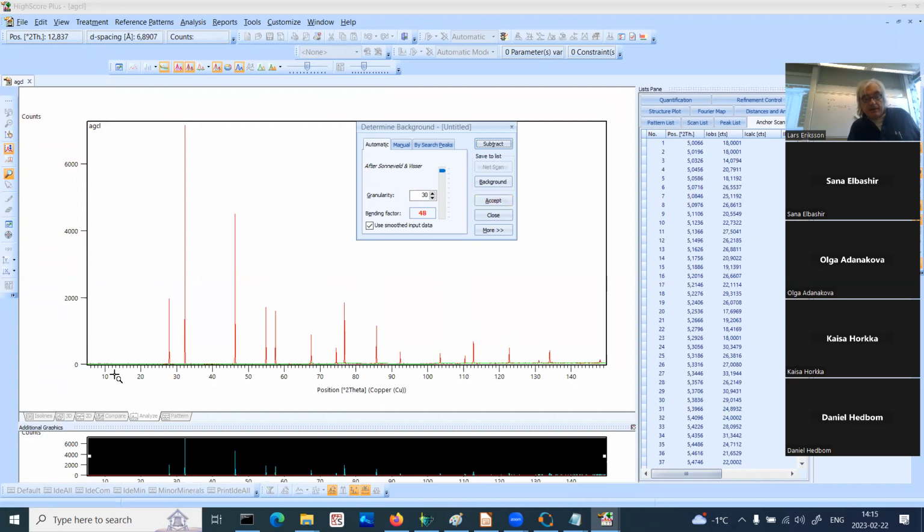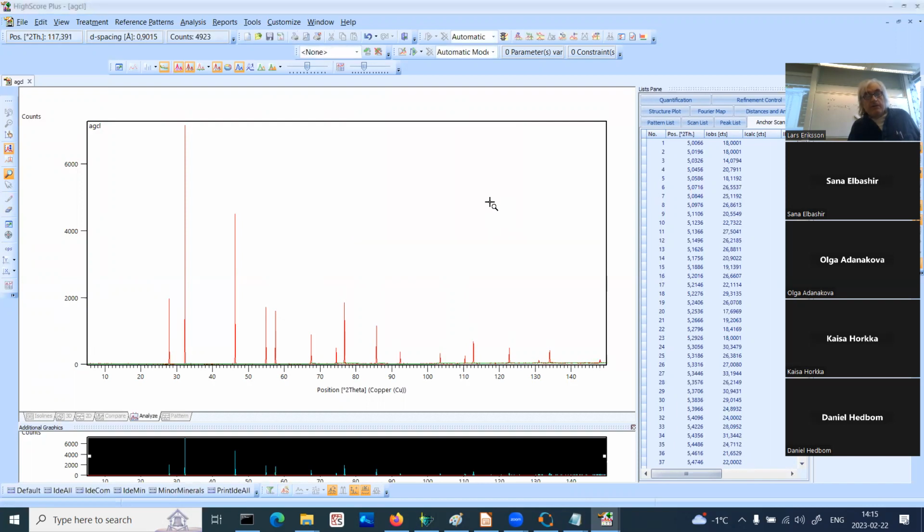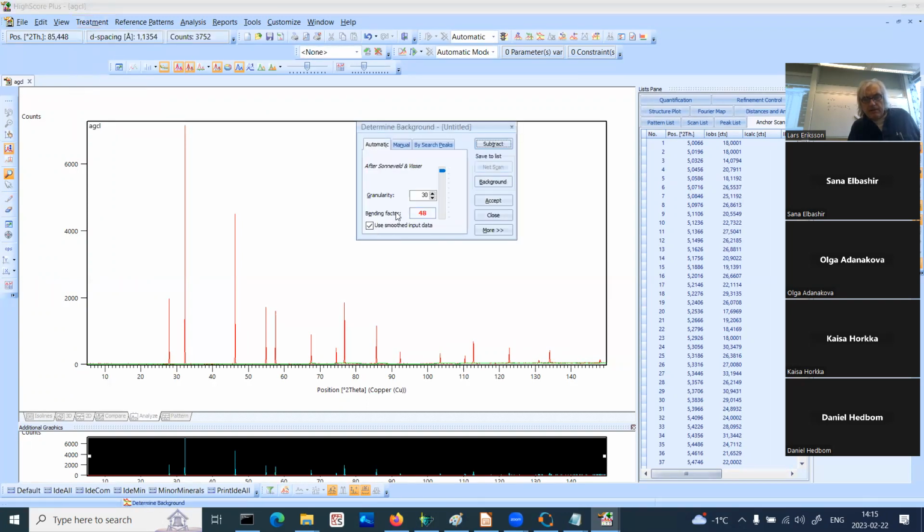Yes, the background seems to be the green line somewhere in the background noise here, so you need to accept it. Let's see. This granularity and bending factor, you can change it, but we can't see the background, so it's probably not so important.